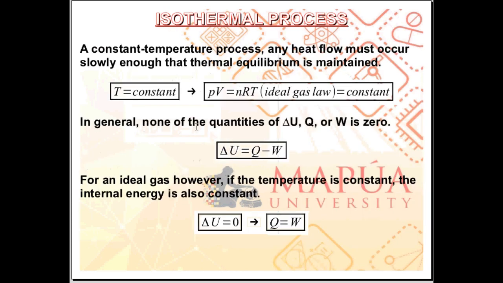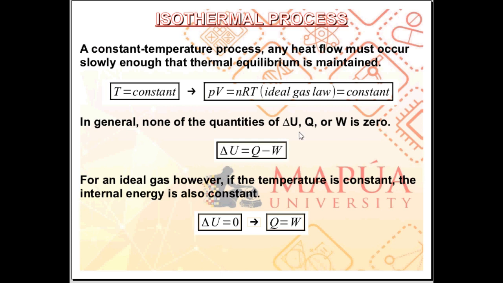Isothermal process: temperature is constant, so we can use the ideal gas law equation. PV is equal to nRT. Since temperature T is constant, that means PV is equal to a constant value. In general, none of the quantities are 0.